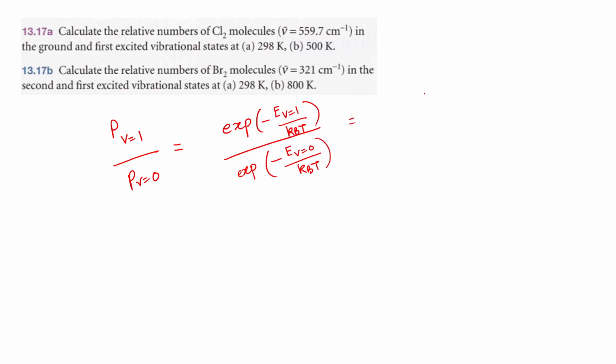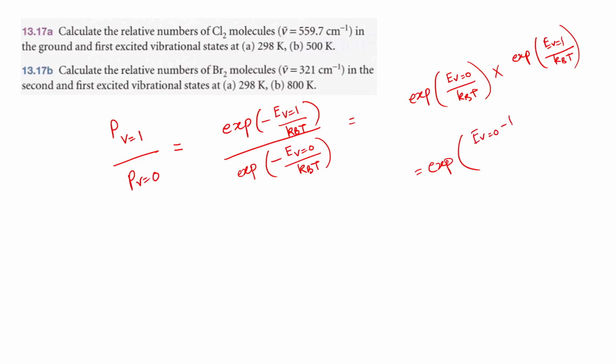This leads to exponential of minus E0 by kBT multiplied by exponential of E1 divided by kBT. So you can add them up: E0 minus E1 divided by kBT, which is actually the energy difference between the two vibrational levels, h nu.